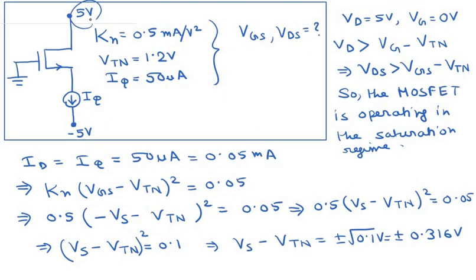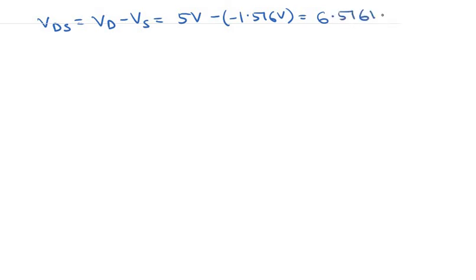This is given to be 5 volts. So VDS is equal to Vd minus Vs, which is 5 volts plus 1.516 volts. So this gives me 6.516 volts. So we have solved this problem.